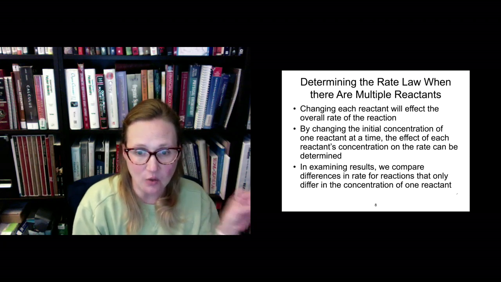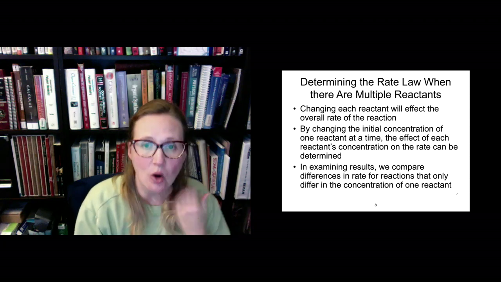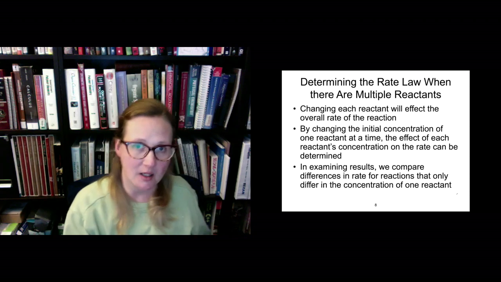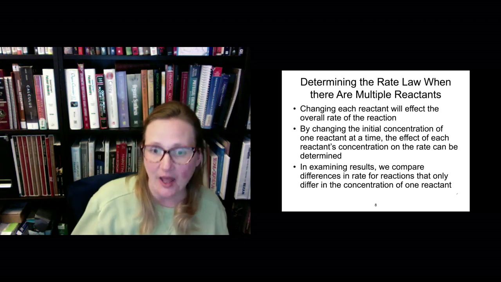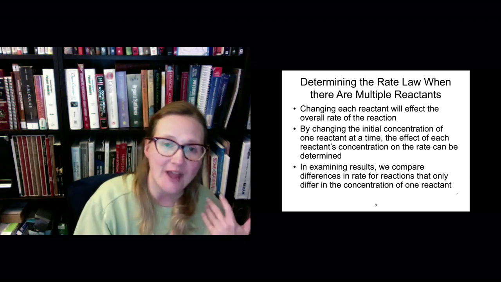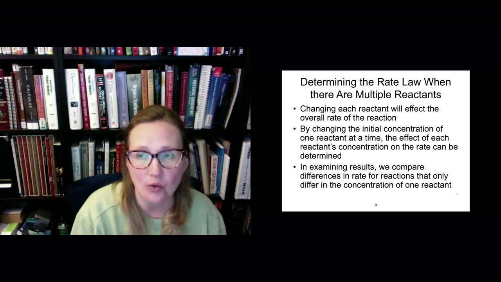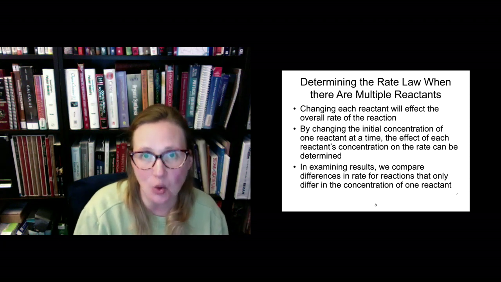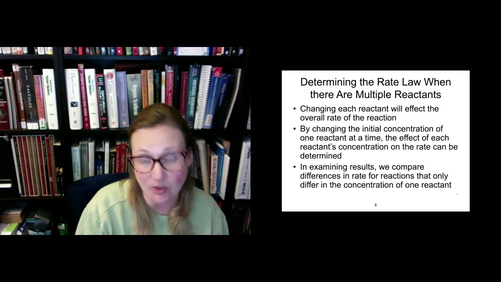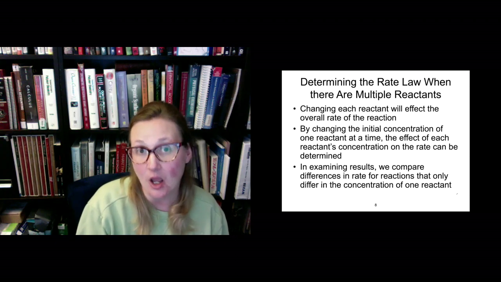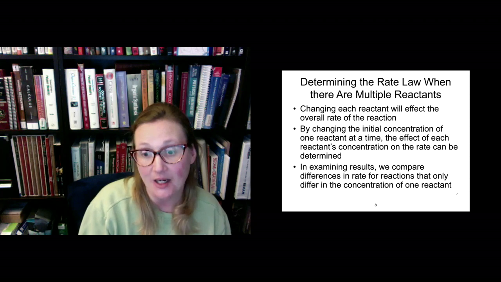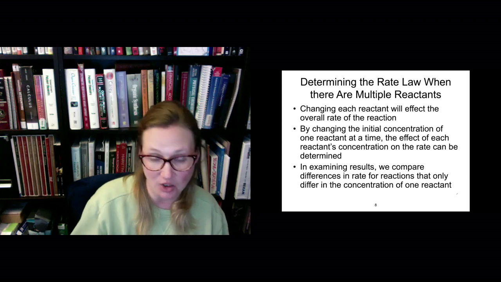And so if you don't want to get confused, you always have to hold one constant and change the other, and then go back, hold that one constant and change the other. So you only change one thing at a time to determine how the concentration of that particular reactant is affecting the rate of reaction.